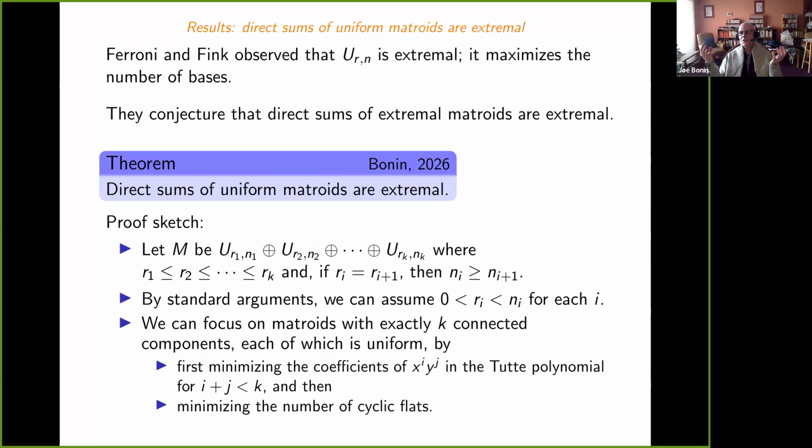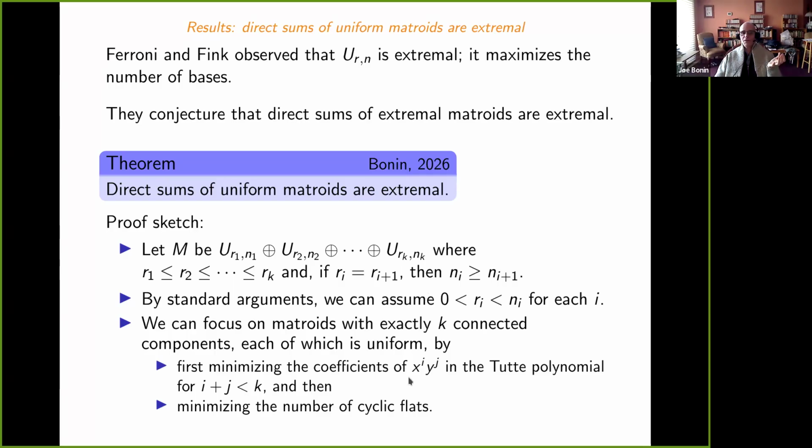So how do you restrict your attention to matroids with exactly k components, by looking at valuative invariants? Well, the Tutte polynomial tells you about the number of components. A matroid is connected if and only if the coefficients of either x or y, both, in the Tutte polynomial are non-zero. Then you can extend that to k components.